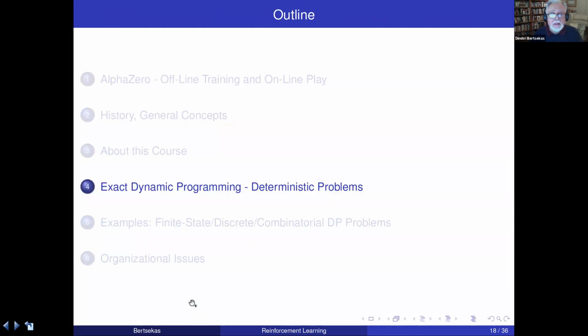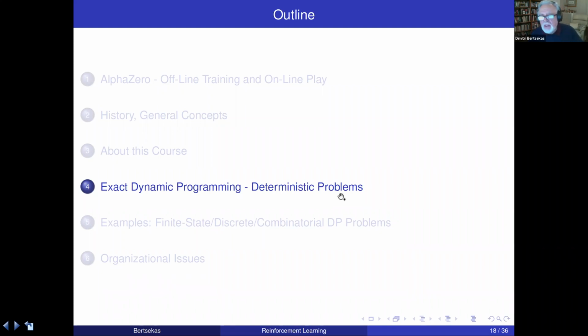Okay, so now I'm going to describe exact dynamic programming and motivate it, at least intuitively, for deterministic problems. In artificial intelligence-oriented reinforcement learning books, deterministic problems do not receive too much attention.